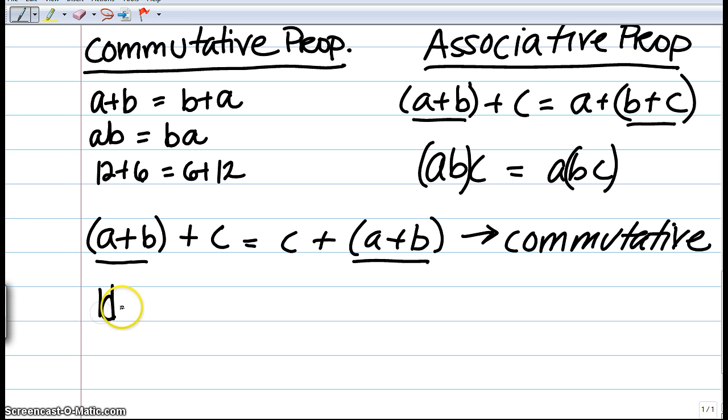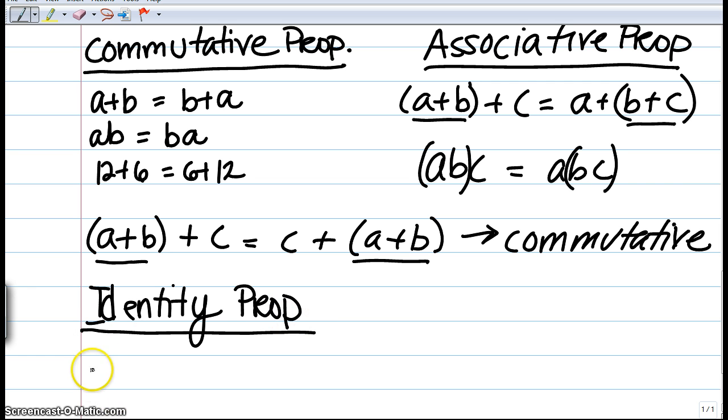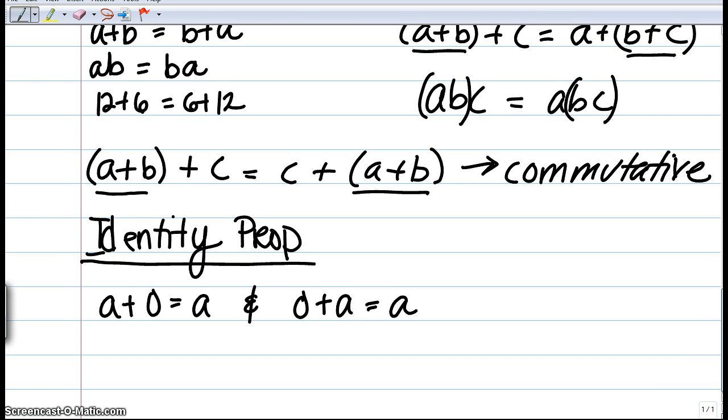We have a few more properties. Identity. A plus 0 equals A, and 0 plus A equals A. So if you add 0 to both sides, you're still going to get A. If you multiply by 1, it doesn't matter the order, whenever you multiply by a 1, you will still get that same answer.